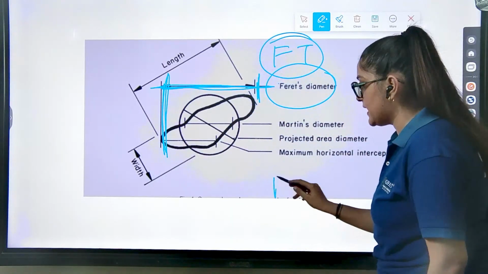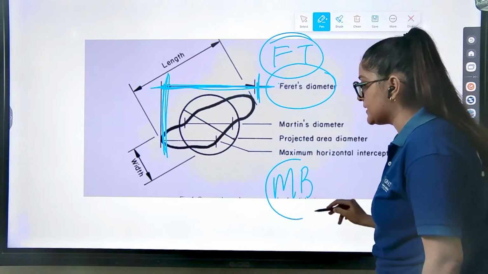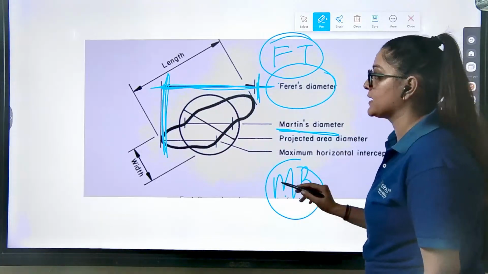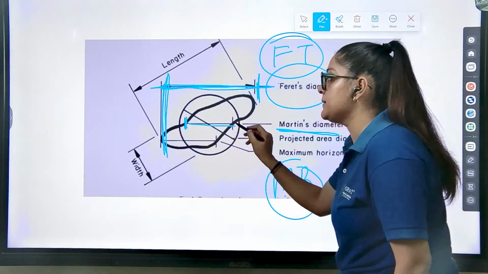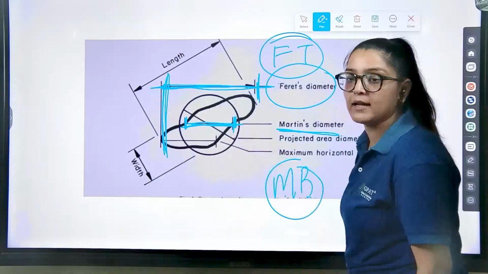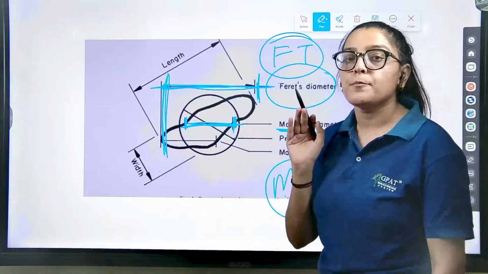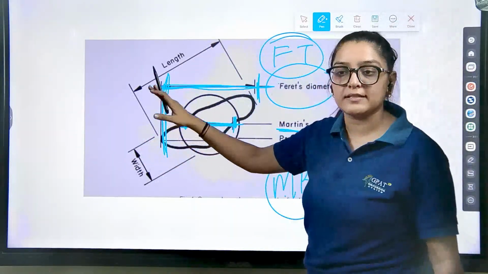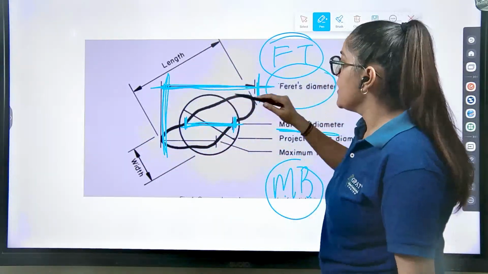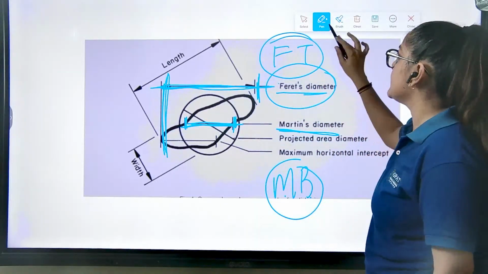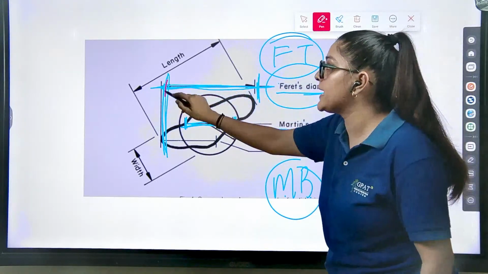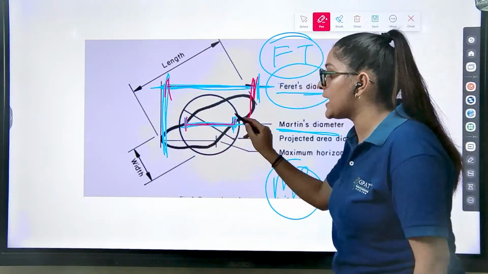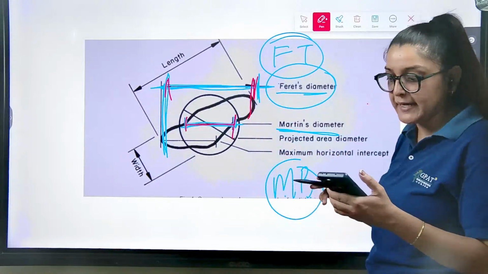Then you have seen MB, Martin's diameter, which is the length of the line bisecting the particle. Very easy to spot. Projected diameter was having a similar area when viewed from the stable plane. FT, Feret's, is the distance between two tangents of the particle. Martin will be the length of the line bisecting the particle, right?